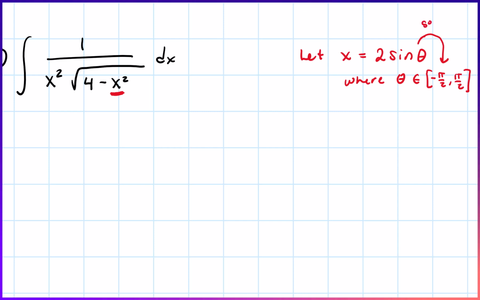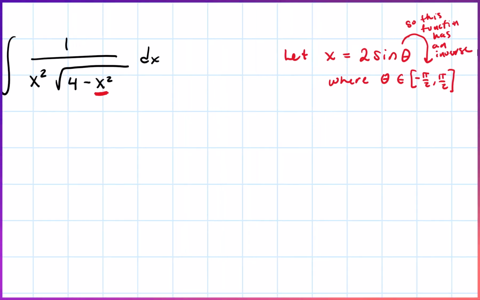This is so this function has an inverse. So that's why I'm doing it. I want to make sure that this function actually has an inverse. If I restrict it from negative pi over 2 to pi over 2, it becomes 1 to 1 and will have an inverse. And that is the standard restriction on the sine function when we talk about its inverse. So going back to just trig functions and their inverses, trig functions themselves are not 1 to 1, so we restrict them.